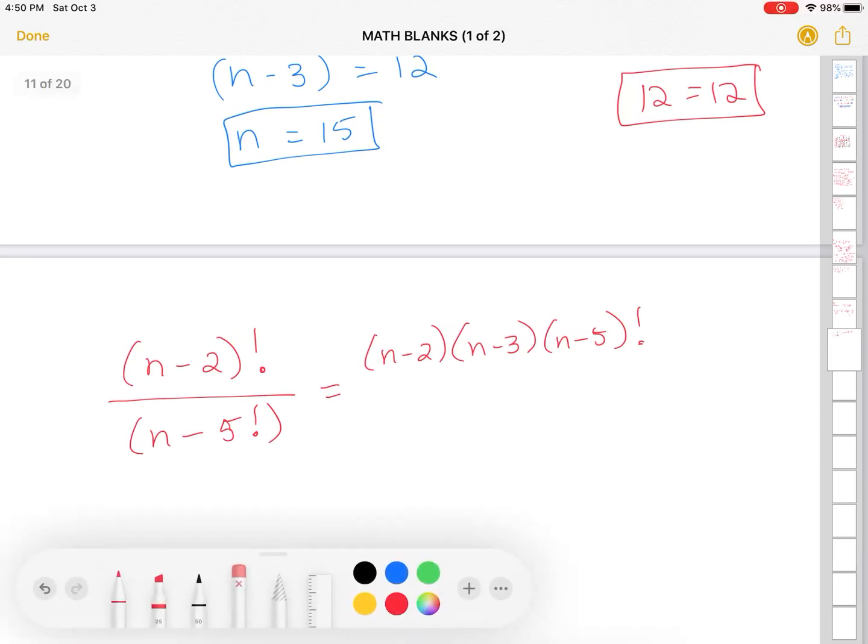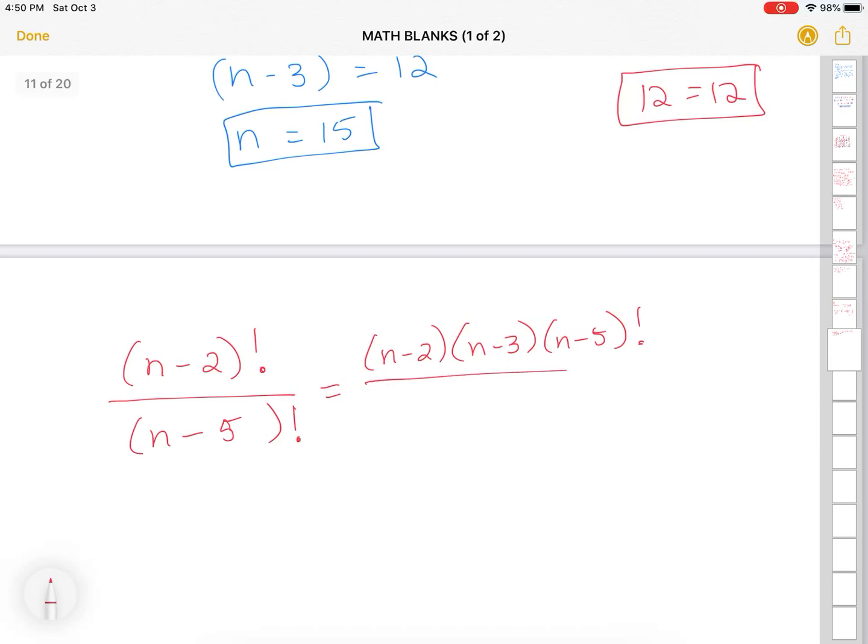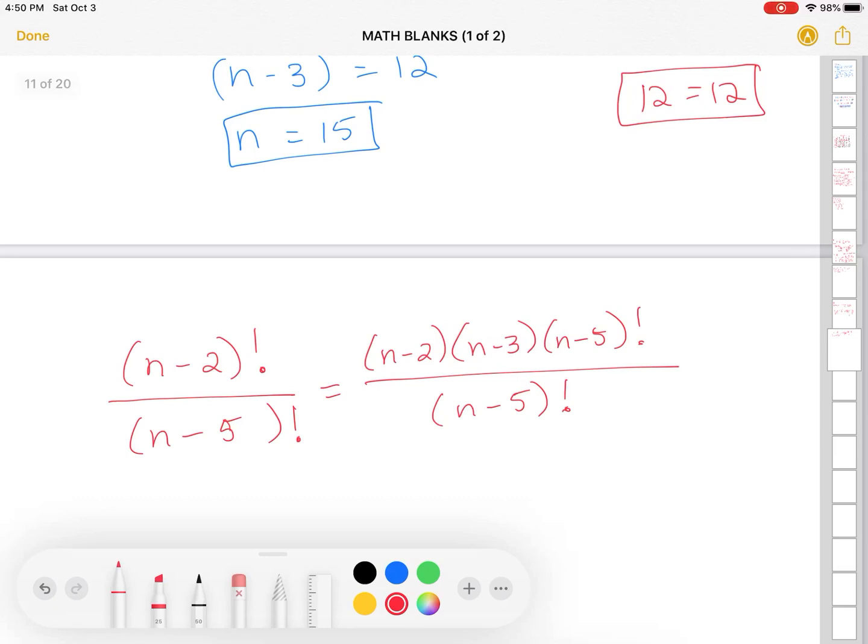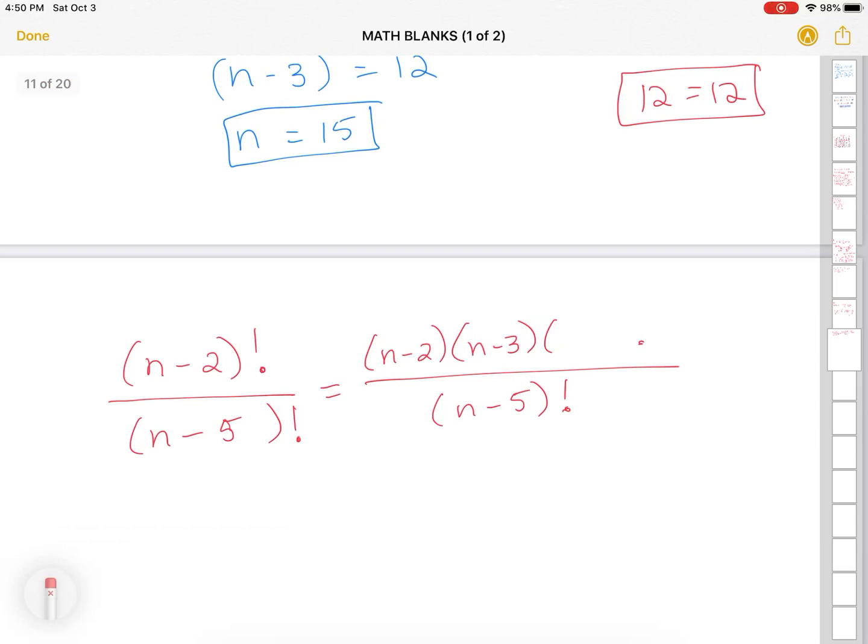Sorry, the factorial should be outside of the brackets on the bottom. My apologies. Over n minus 5 factorial. And once you get whatever, oh, sorry, I have to do one more, don't I? I skipped a step. This should be n minus 2 times n minus 3 times n minus 4 and then times n minus 5 factorial.